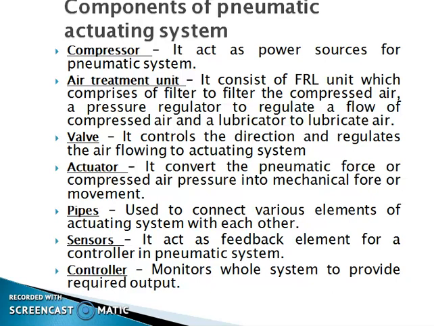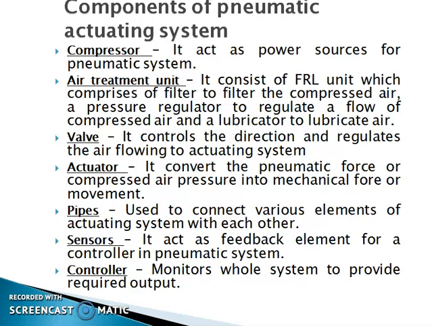direction and ആക്ച്വേറ്ററിൻ്റെ regulates the അകത്തൊരു air ഫോഴ്സ് flowing ഉണ്ടാവും. ആ ഫോഴ്സ് എന്ന് into പറയുന്നത് അല്ലെങ്കിൽ actuating കംപ്രസ്ഡ് എയറിൻ്റെ system. പ്രഷറാണ് ആ ഫോഴ്സ്. അതിനെ ഒരു Actuator. മെക്കാനിക്കൽ മൂവ്മെൻ്റ് ആയിട്ട് Actuator പിസ്റ്റൺ converts കൺവേർട്ട് the ചെയ്യും. pneumatic സിലിണ്ടറിൻ്റെ force അകത്തുള്ള പിസ്റ്റൺ or or pipes. It is compressed used air to pressure connect into various mechanical elements of force or actuating movement. system with each other. ആക്ച്വേറ്ററിൻ്റെ അകത്തൊരു അങ്ങോട്ടും ഇങ്ങോട്ടും force കണക്ട് ഉണ്ടാവും. ആ ചെയ്യാനുള്ള force എന്ന് ഒരു പറയുന്നത് അല്ലെങ്കിൽ element ആണ് കംപ്രസ്ഡ് pipe. എയറിൻ്റെ പ്രഷറാണ് ആ And ഫോഴ്സ്. sensors.